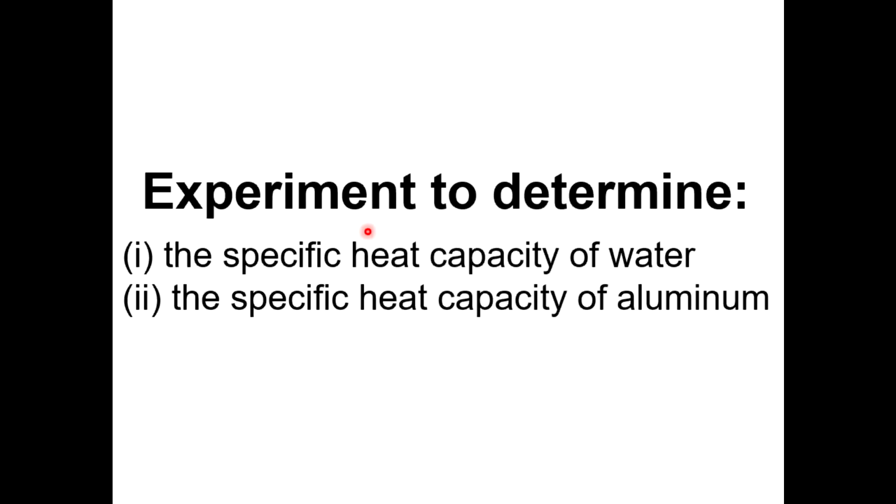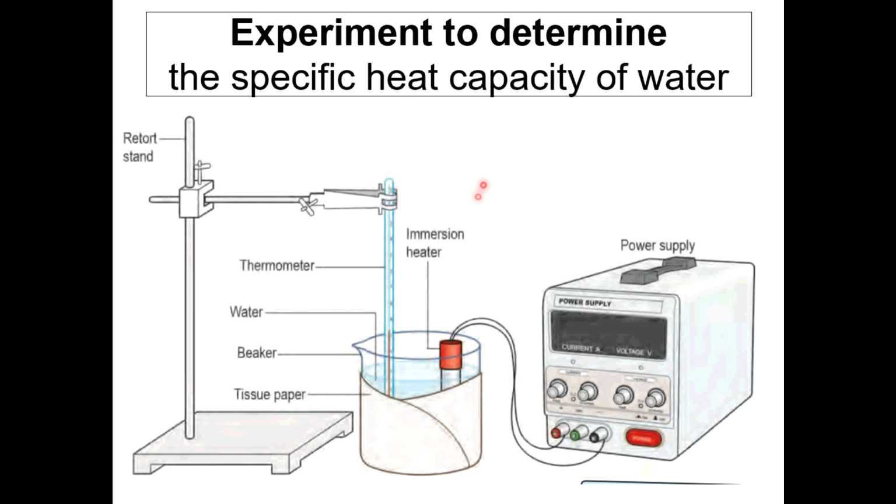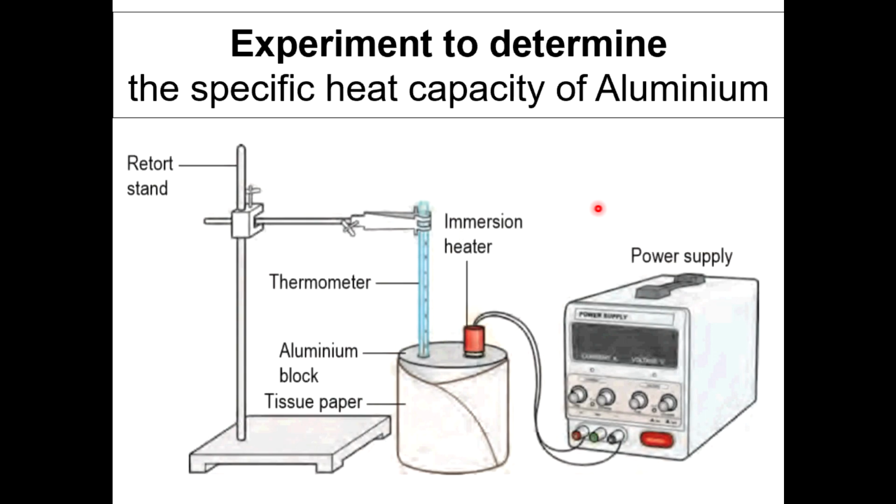In this subtopic, we also do an experiment to determine the specific heat capacity of liquid and solid. For the liquid, we'll be using water, and for the solid, we are using aluminium. This is the apparatus setup to determine the specific heat capacity of water, and this is the apparatus setup to determine the specific heat capacity of aluminium.